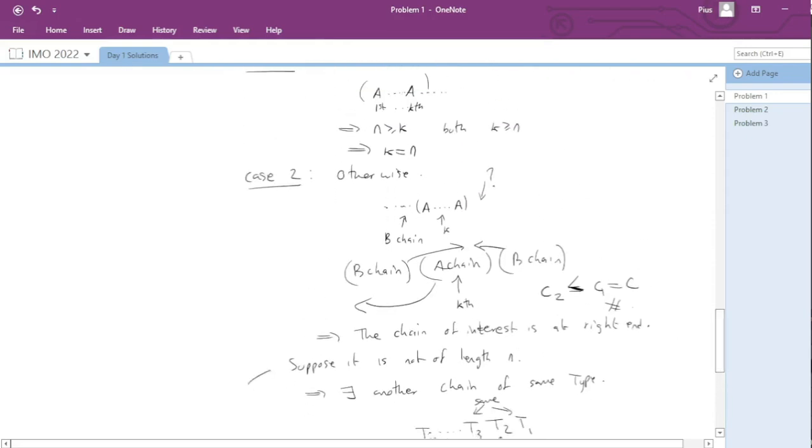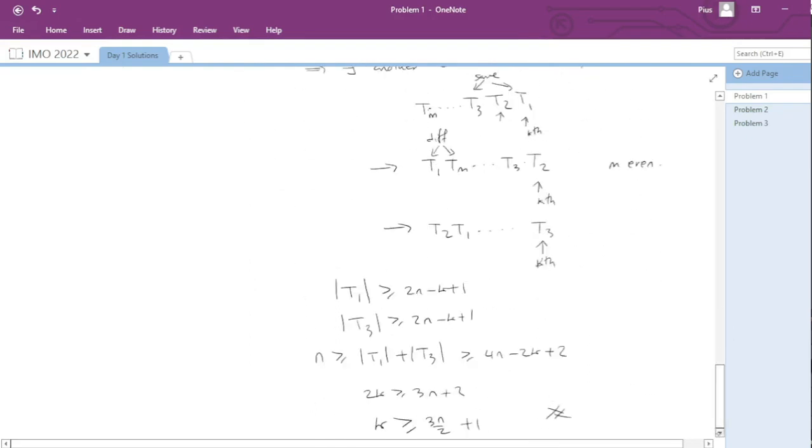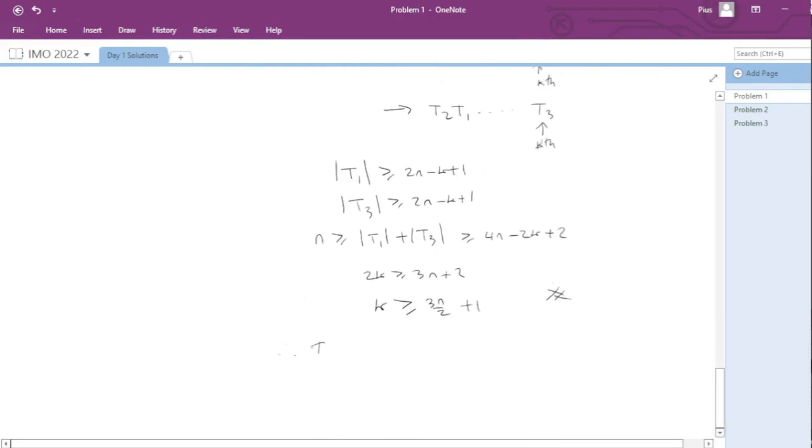So therefore the chain at the right end is of length n, and we get two chains, one on the left, one on the right, both of length n. We're done.